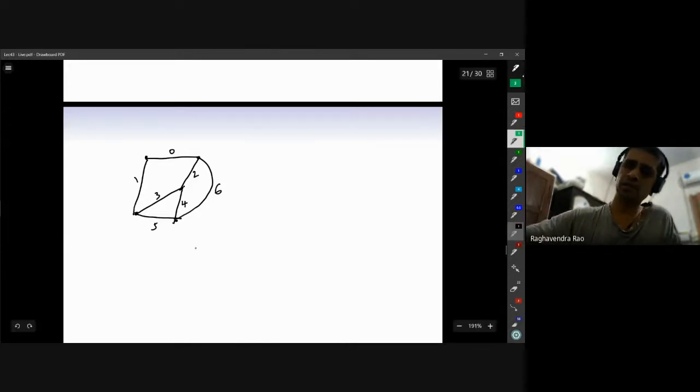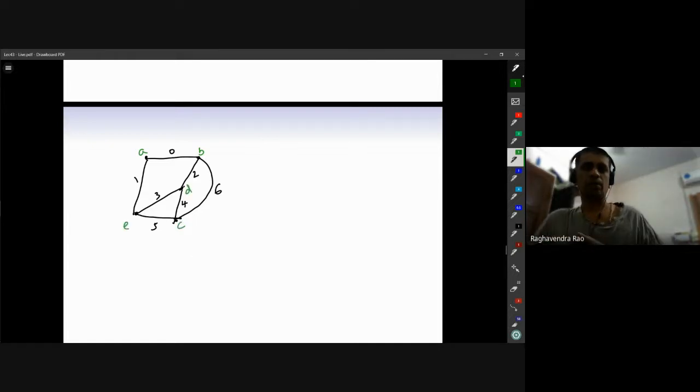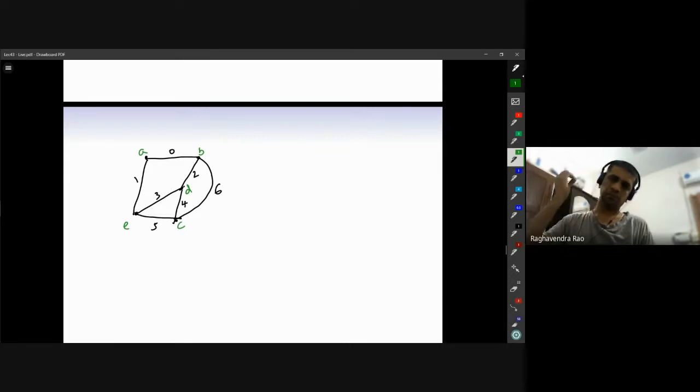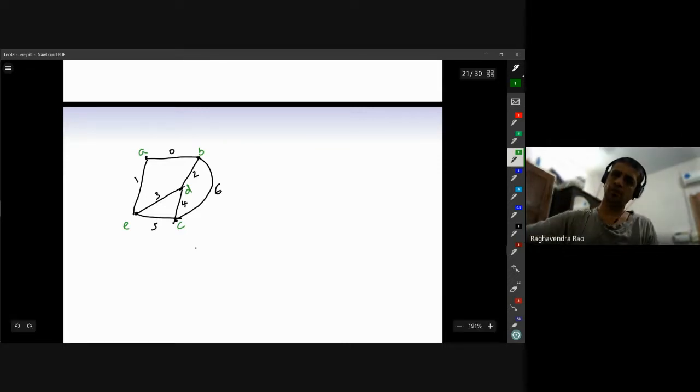Vertices let's label as B, C, D, E, F. Now what are the numbers?